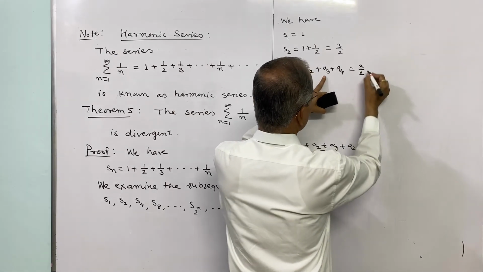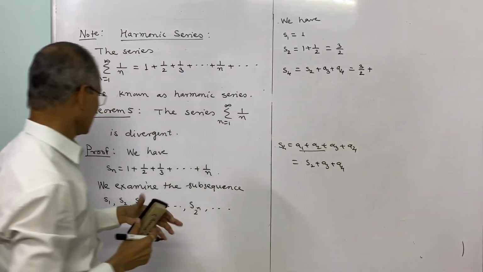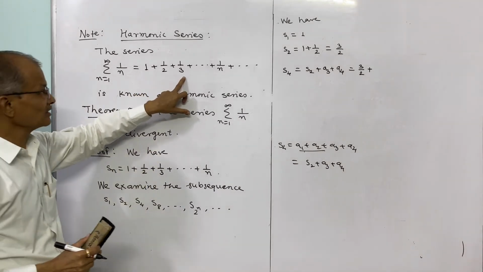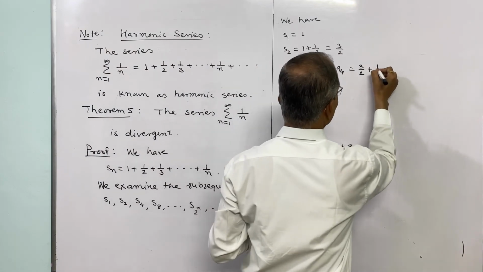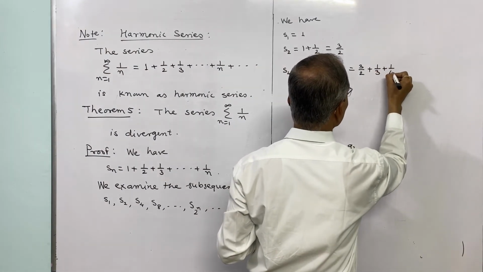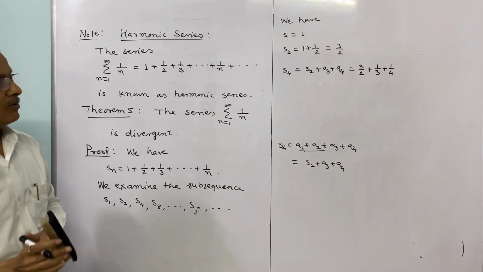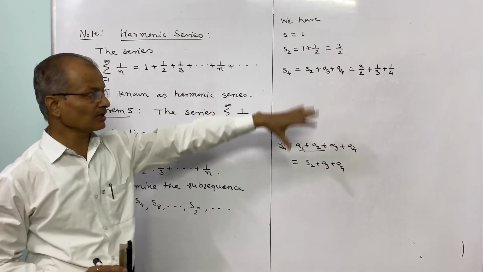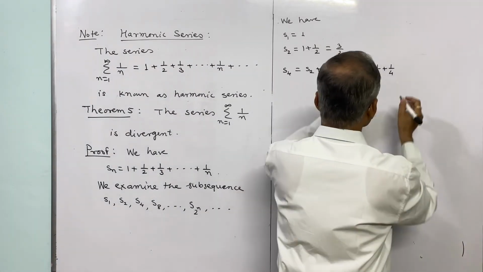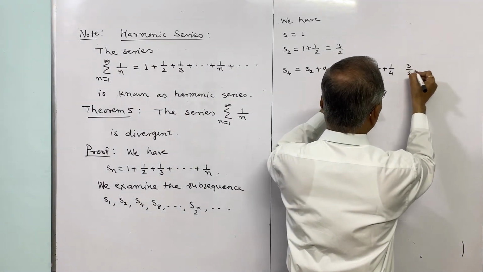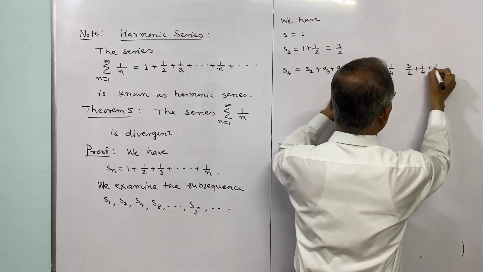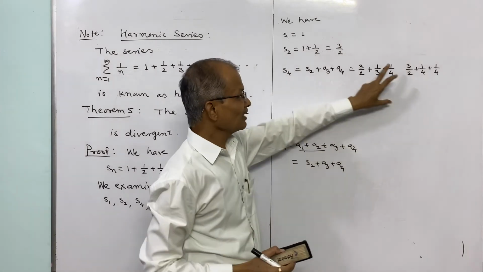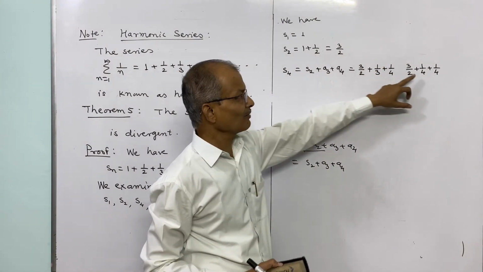So S2 is 3 by 2, and plus what is A3? Third term of the series is 1/3, plus the fourth term is 1/4. And now we shall compare the terms only. Instead of getting the exact value, we shall compare the terms. I shall write this as 3/2 plus 1/4 plus 1/4. What is the relation between these two? I have replaced 1/3 by 1/4.